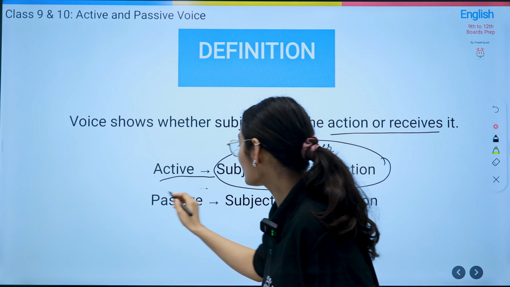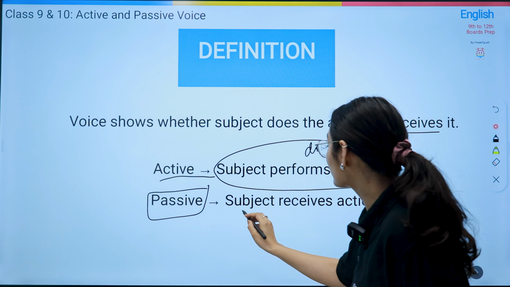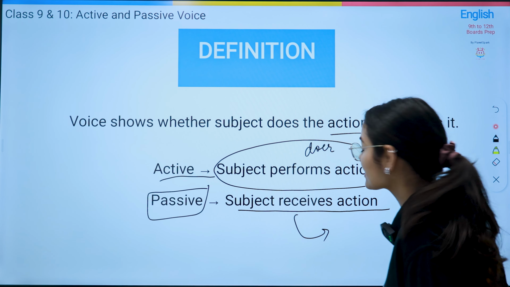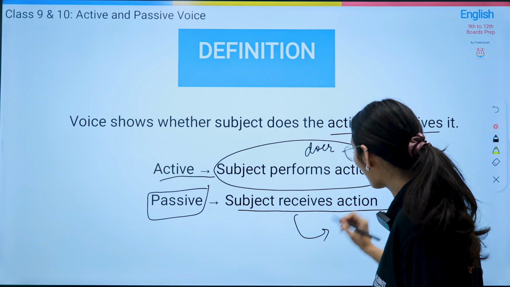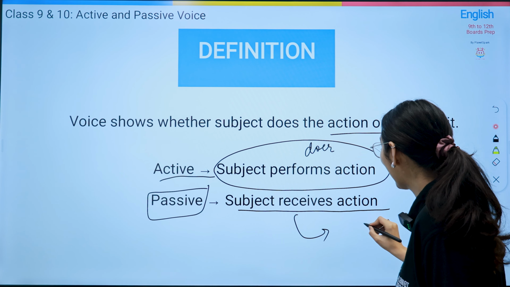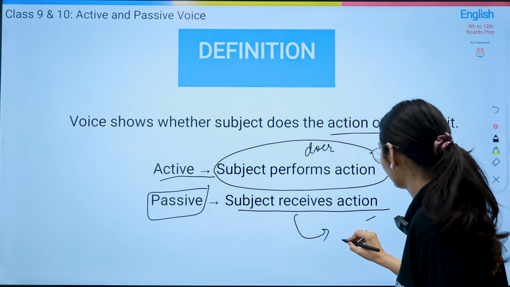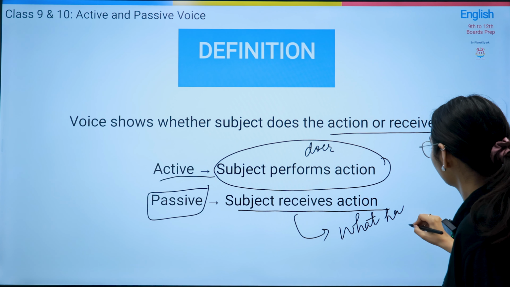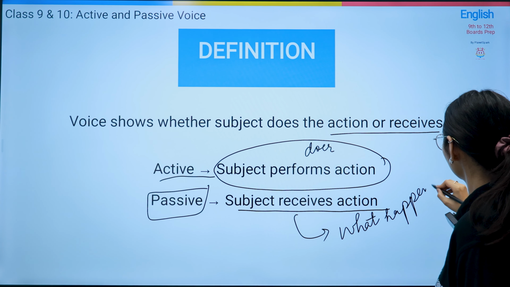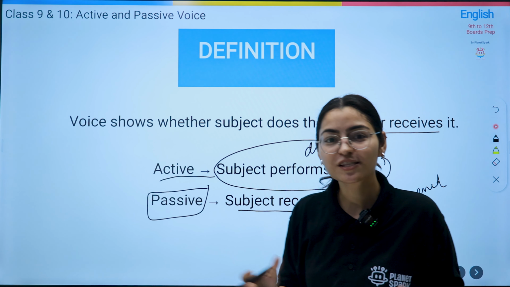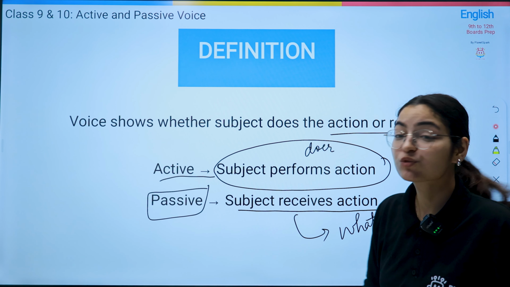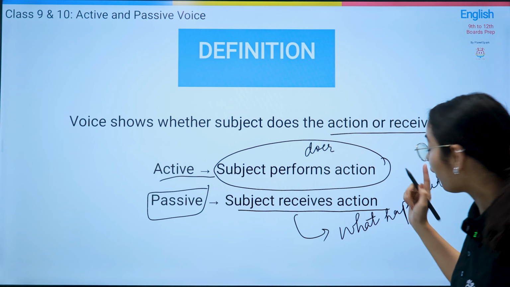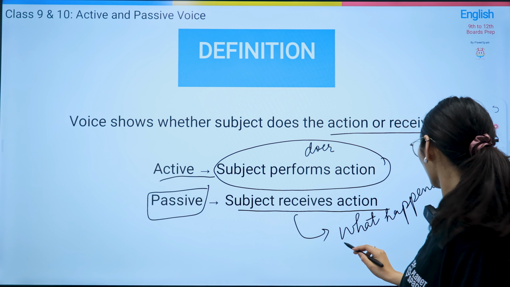In passive voice, the subject receives the action. We use passive voice whenever we want to focus on what happened. Right? So, like I said before, we use passive voice when we don't know who did the action, or that is not important, or we only want to focus on what happened.